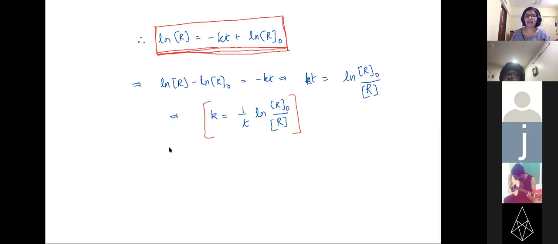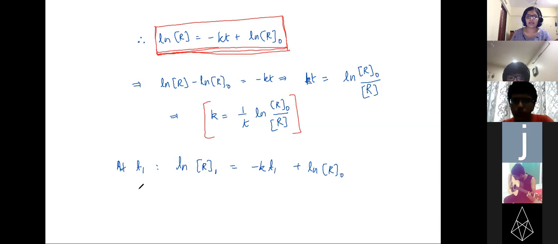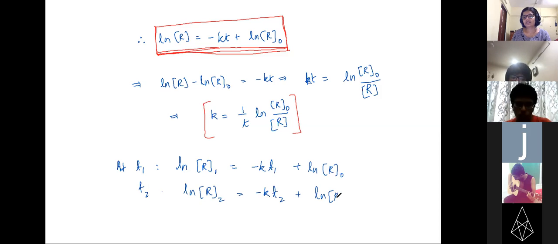Like at T1, you're able to get one concentration of the reactant, which will be equal to minus k T1 plus ln r naught. And at T2, again you're able to get the next one. So let's plug both those values into the equation. This is what you get.